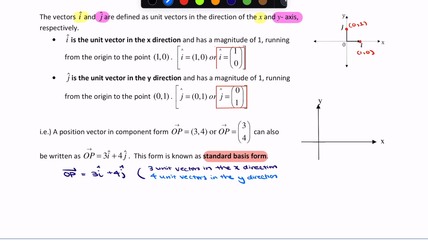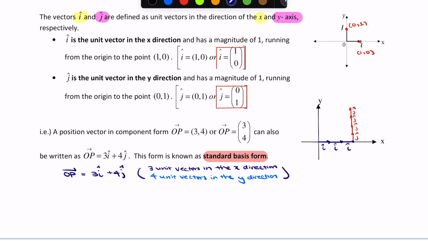Here's how that will look: 3 unit vectors, 1, 2, 3, and 4 up, 1, 2, 3, and 4.